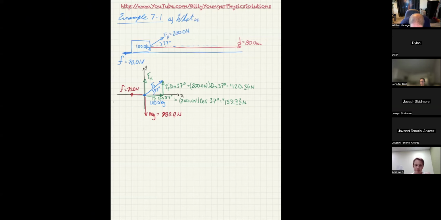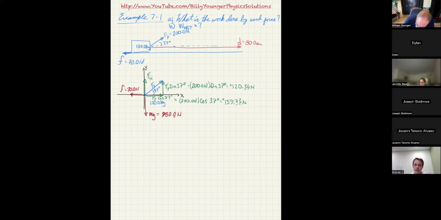And then B, they want to know the net work done on the crate. When they say net, they just mean add all those up. That makes sense?